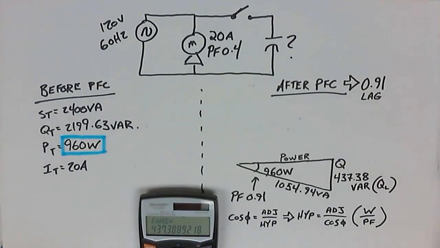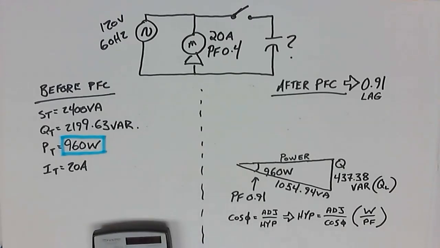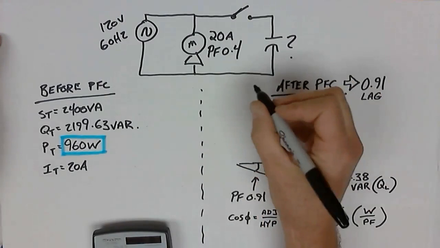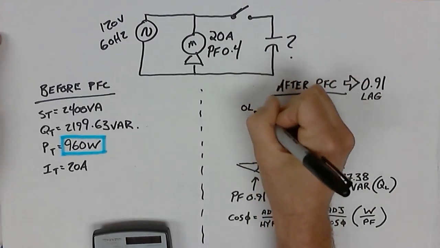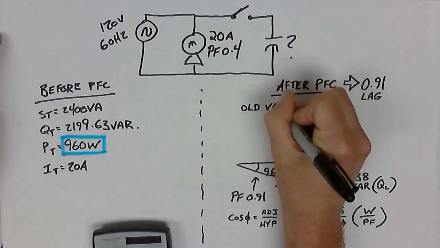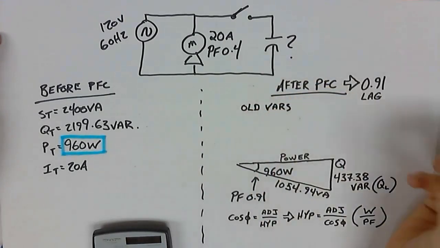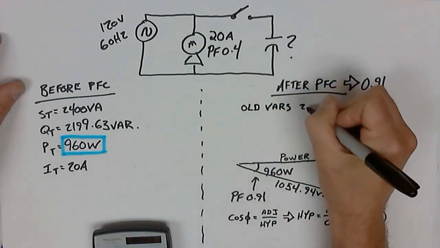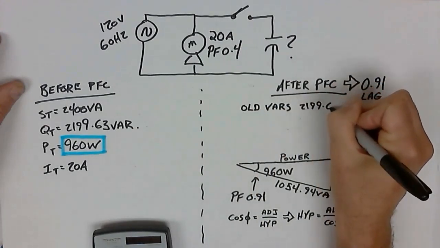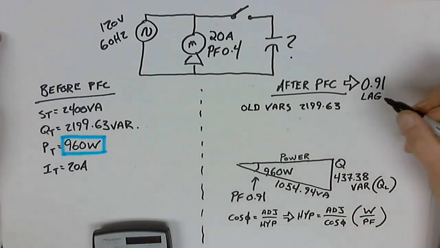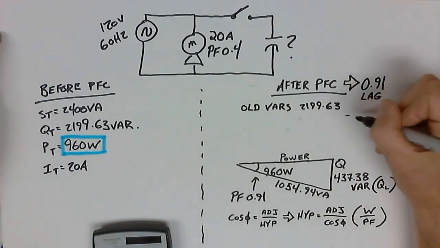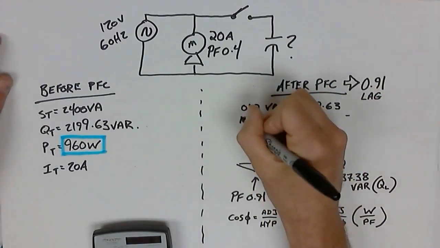So then how do we work out the size of the capacitor? And it's actually quite a simple procedure. What we need to do is take the old VARs, which were 2199.63, and we're going to subtract off the new VARs.